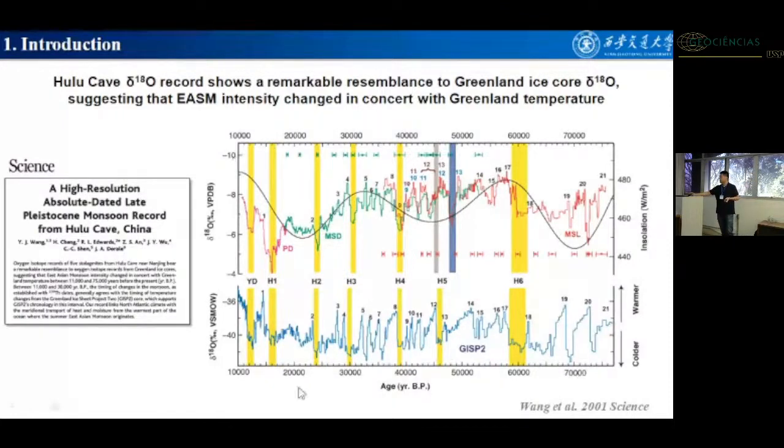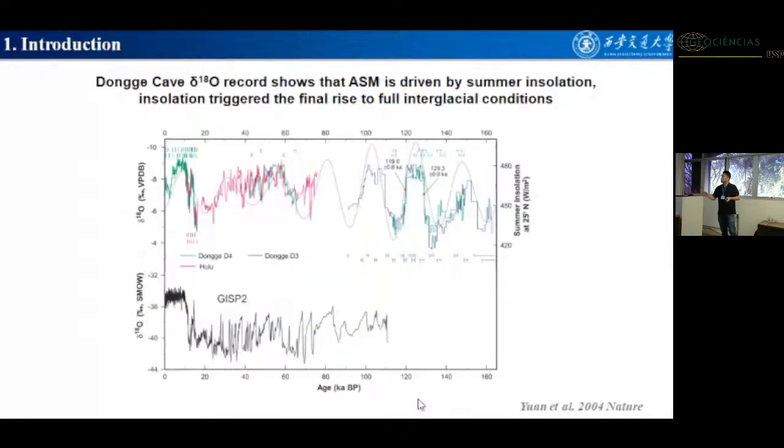That paper published in 2001, the first time showed the correlation between monsoon region and high latitude. After that, in 2004, Dongge Cave records show that Asian monsoon is driven by the North Hemisphere summer insolation. So the insolation also triggered the final rise to the full interglacial conditions. We can see, very clear.